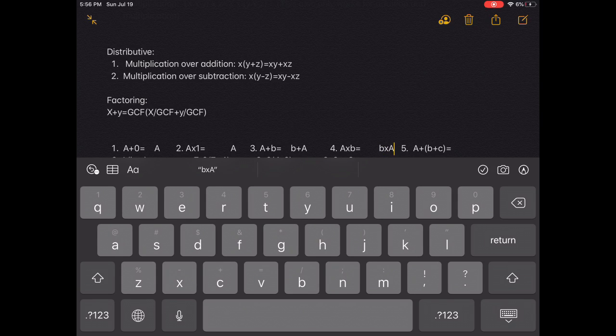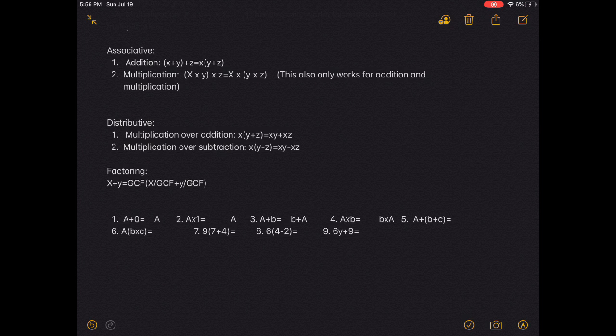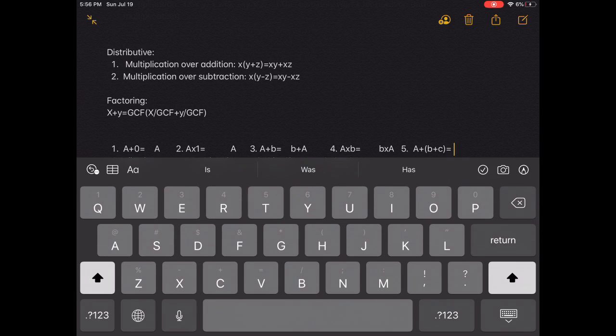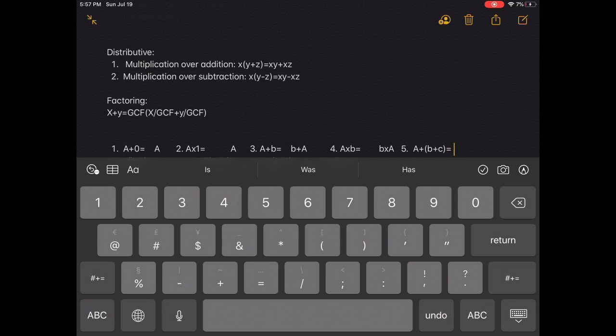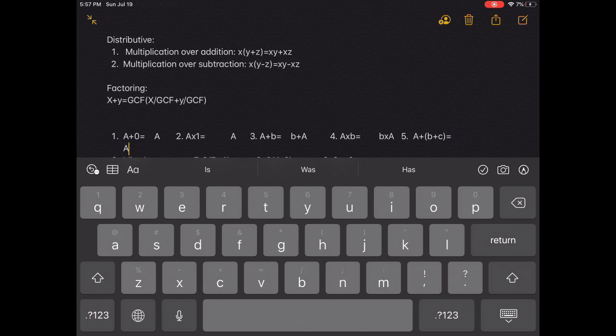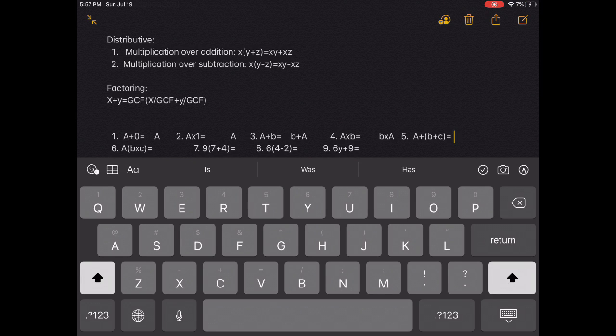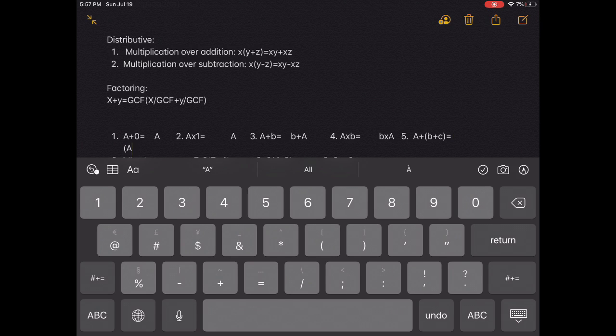So for number 5, it's going to be the associative property. So it's going to be A in parentheses plus B in parentheses, and then plus C that's not in parentheses. So yeah, let me just write this real quick.